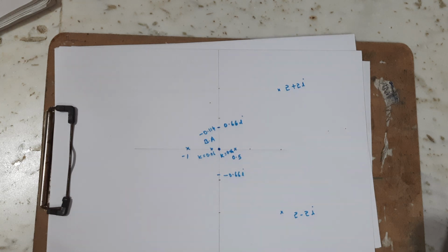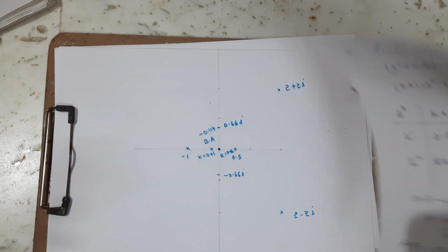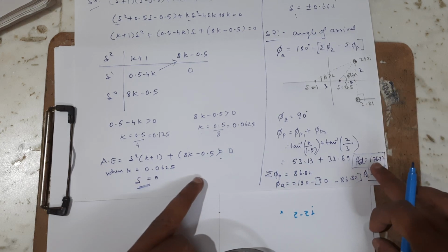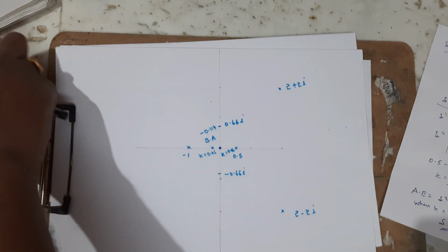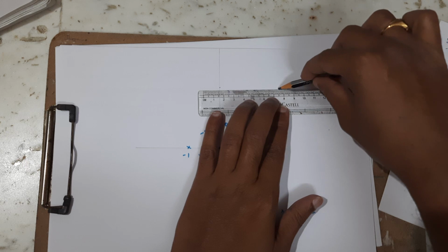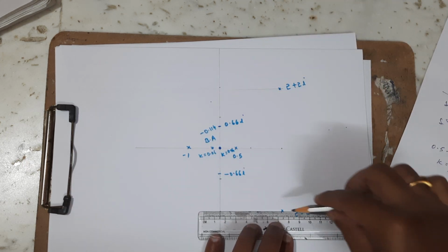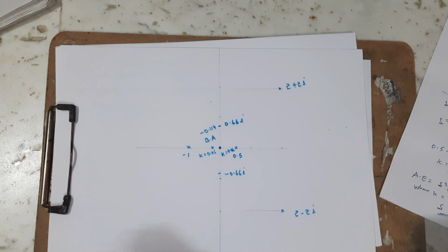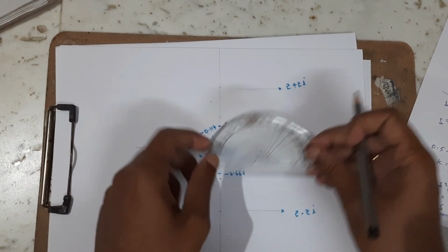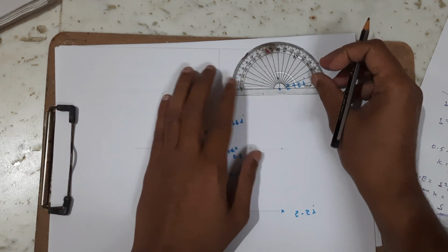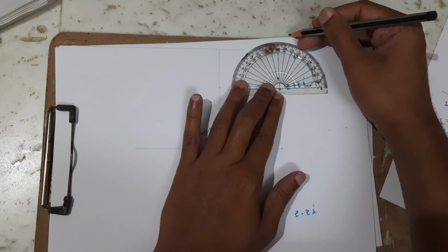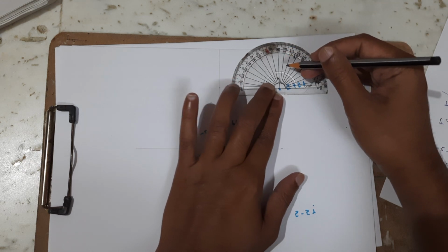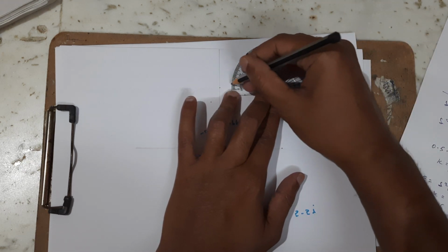Next we have to draw the angle of arrival. What is the angle of arrival for 2 plus 2i? I got it as a positive 176.82. With the help of a protractor I am going to draw the first reference line, like this. Starting from 0, the angle of arrival is 176, somewhere here.